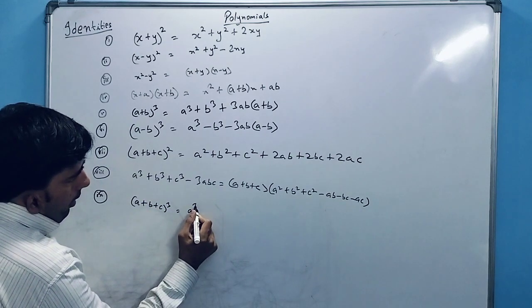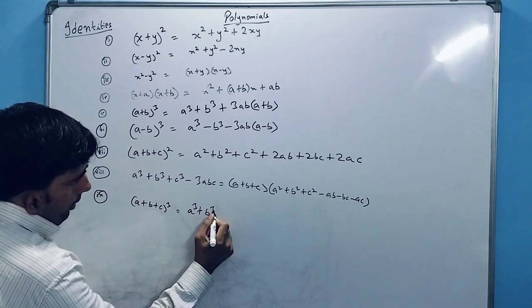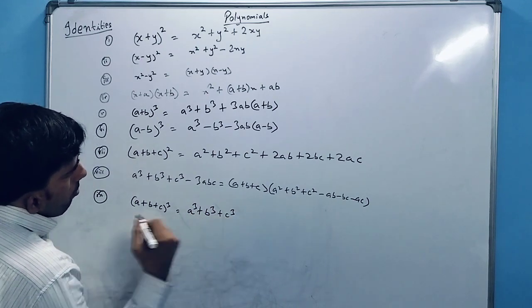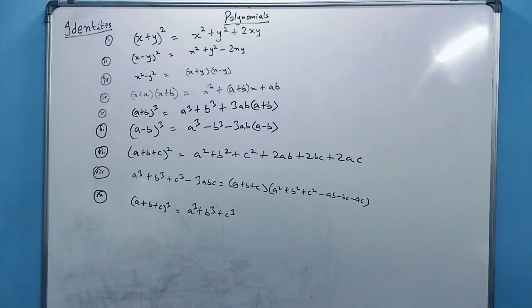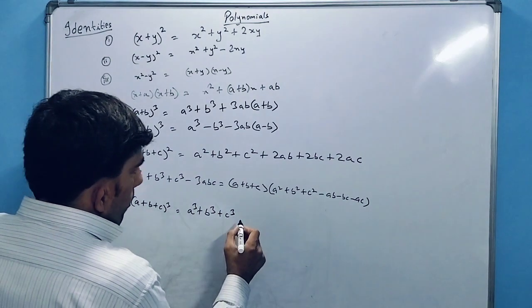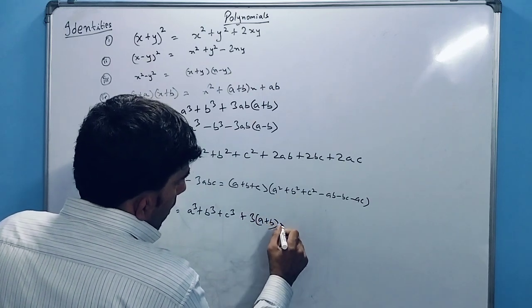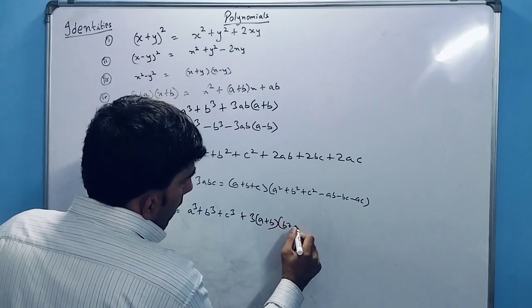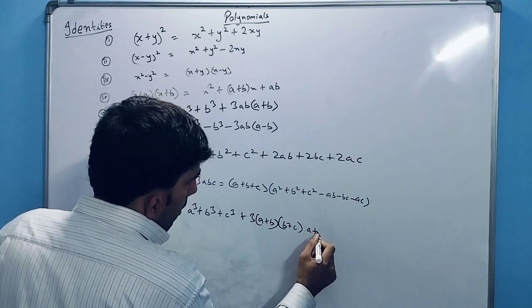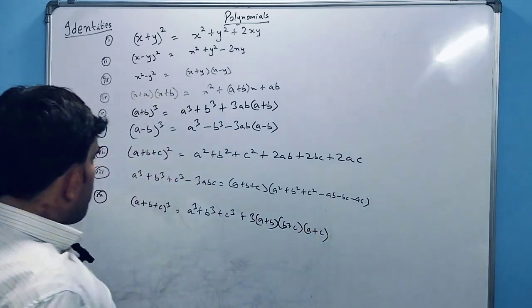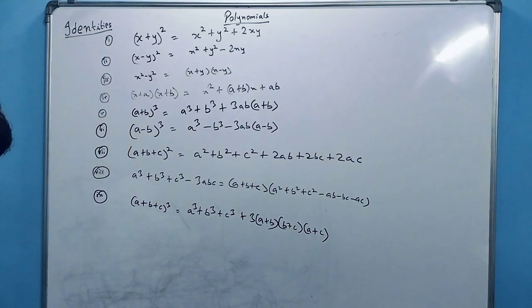It will be a cube plus b cube plus c cube, plus 3 times (a plus b), (b plus c) and (a plus c). So these are the 9 identities I have.